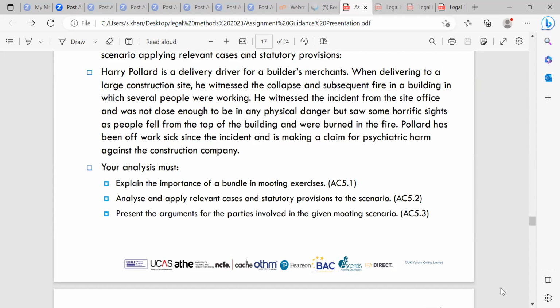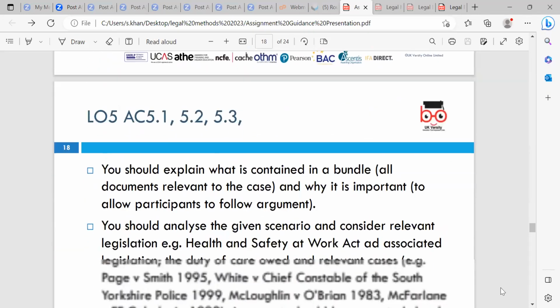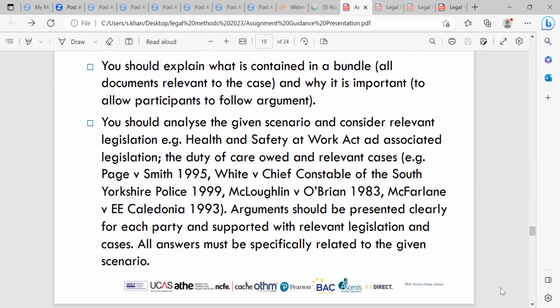Harry's scenario, which we looked at in the last learning outcome 5, do you remember? 5.2, and you need to present the arguments for the parties involved in the given moot scenario, AC 5.3. So learning outcome 5 is AC 5.1, 5.2, and 5.3.